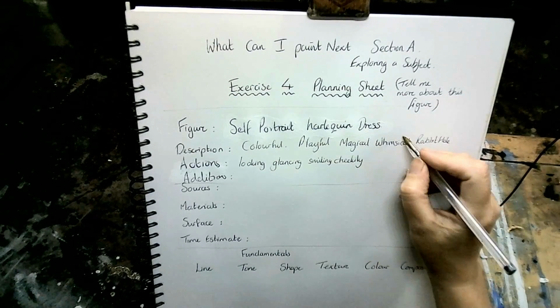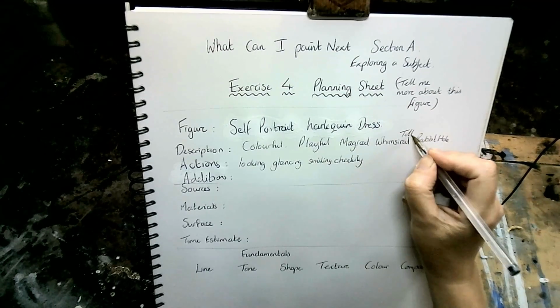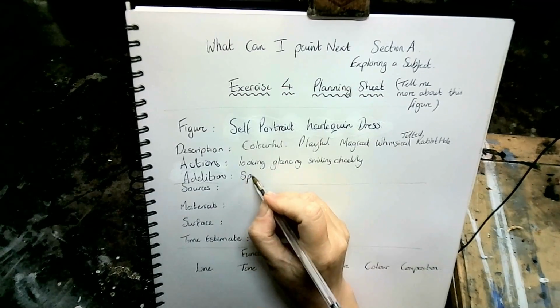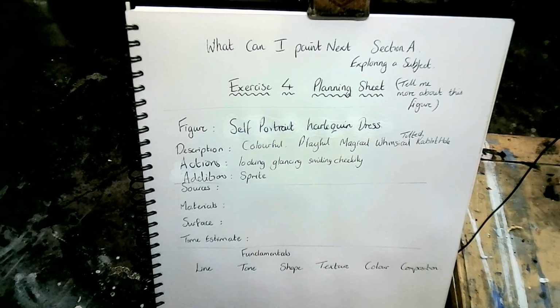That would be in descriptions, wouldn't it? See? And then what other additions are going to be in the picture? Well, I've already said I'm going to be using the sprites. I think one sprite. And I'm going to be looking up at it as it's hovering over my head.